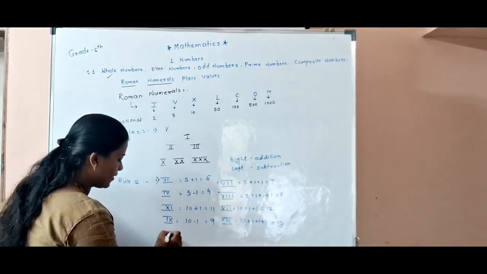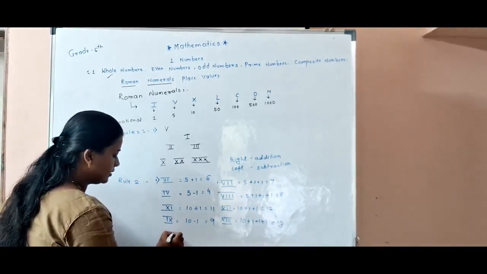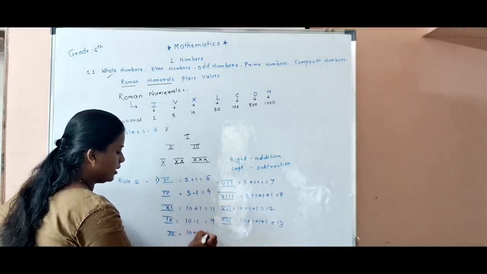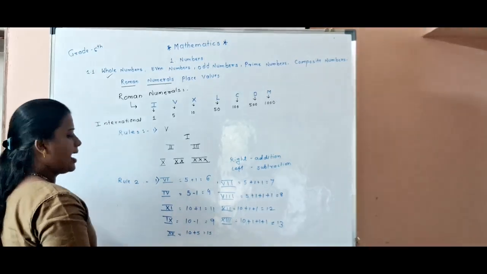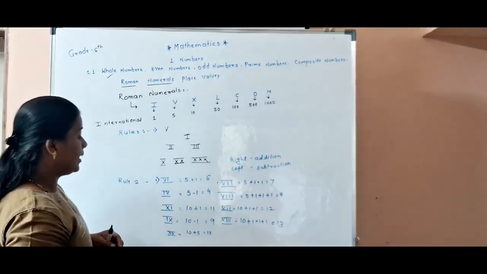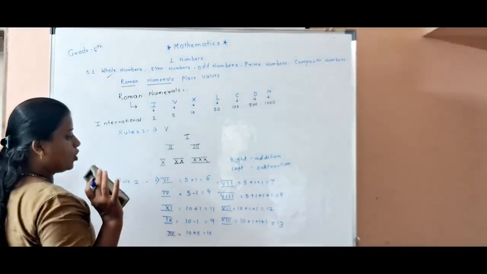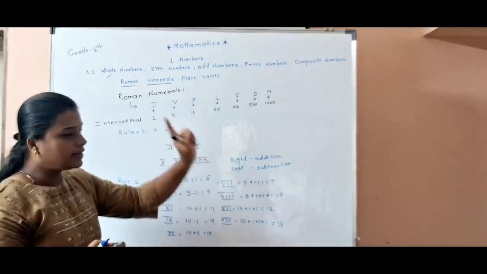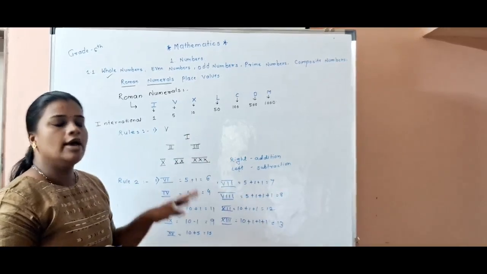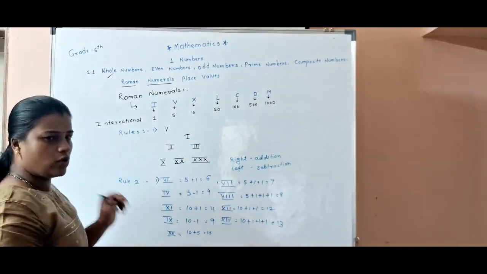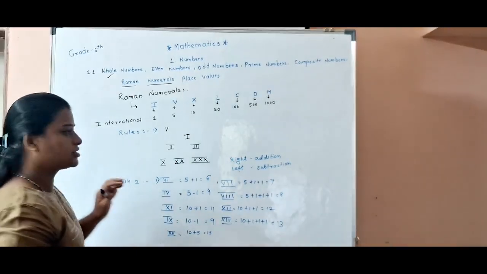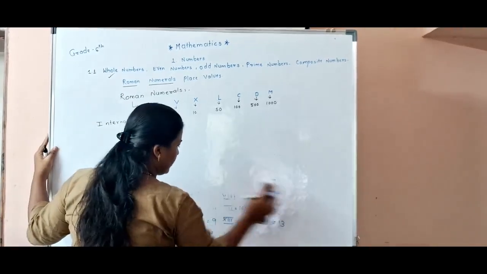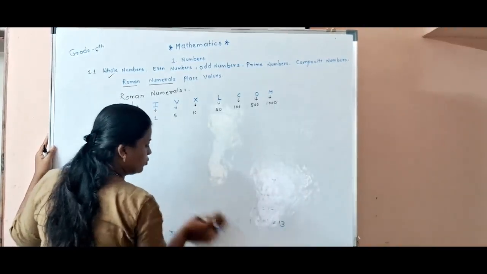Same you can go for 5 also. So X, here it is 5. 10 plus 5 will be 15. And so on we can make. I hope you have understood. If the smaller Roman is to the right side, it will be addition. If it is to the left side, then it will be subtraction. Let us find Roman numerals for 1 to 10. Now it's somewhat easier. Let us see how to find them.